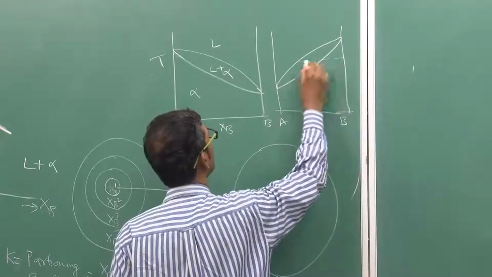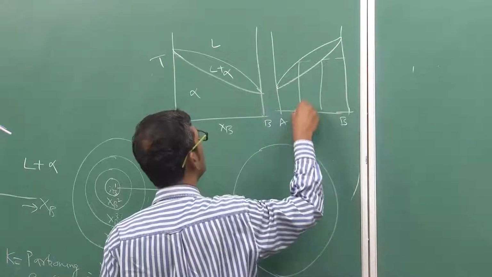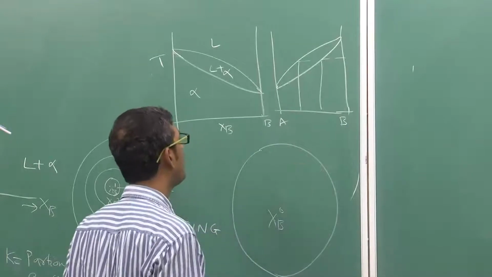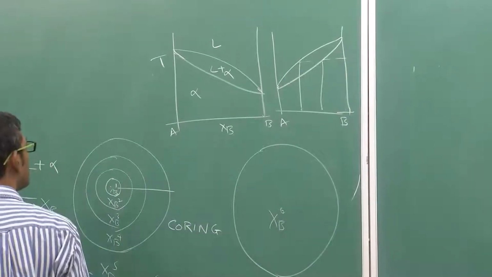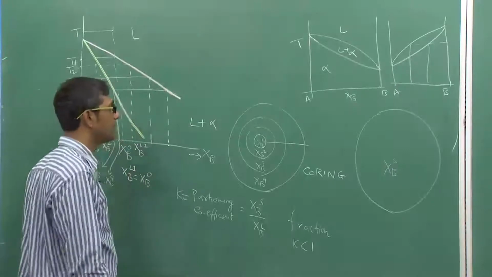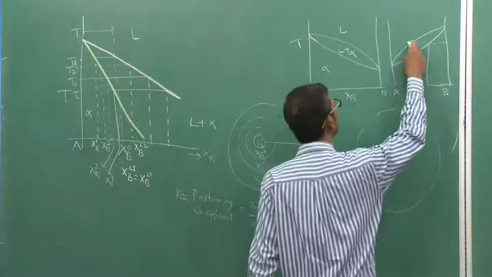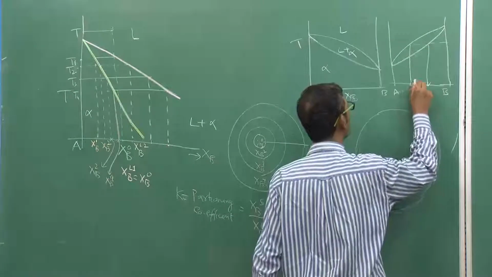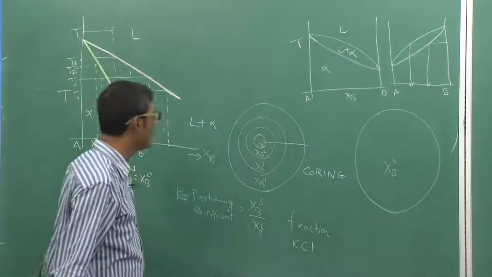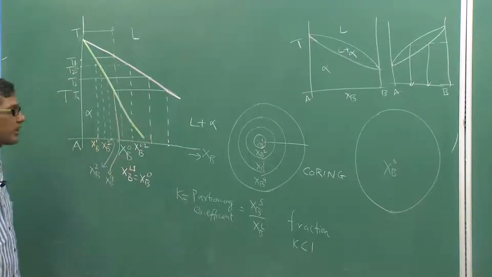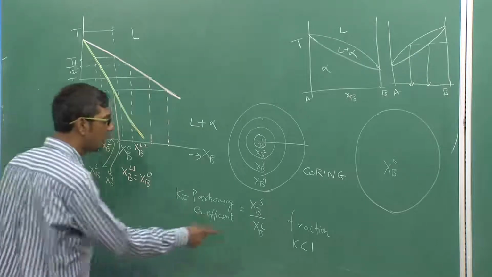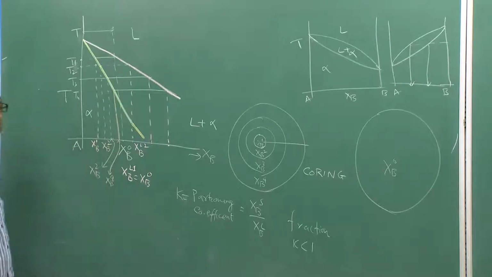Here the liquid has higher composition than the solid. Okay, so it is possible that the solid has higher composition than the liquid, because this is solidus, this is liquidus, and this is higher than this one, so K can be more than 1. But normally we encounter such kinds of phase diagrams more, so we will assume in all our calculations K is less than or equal to 1, less than 1 actually.